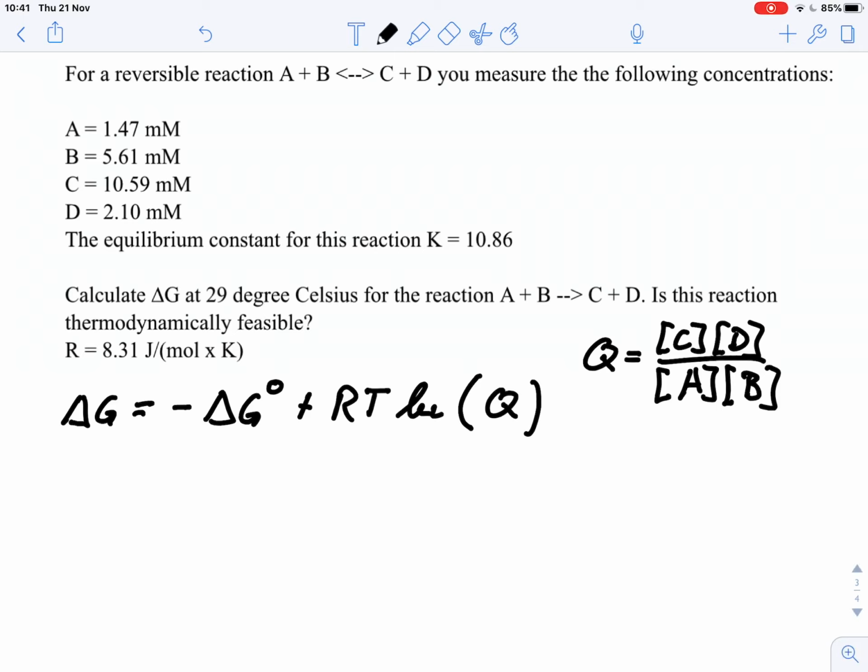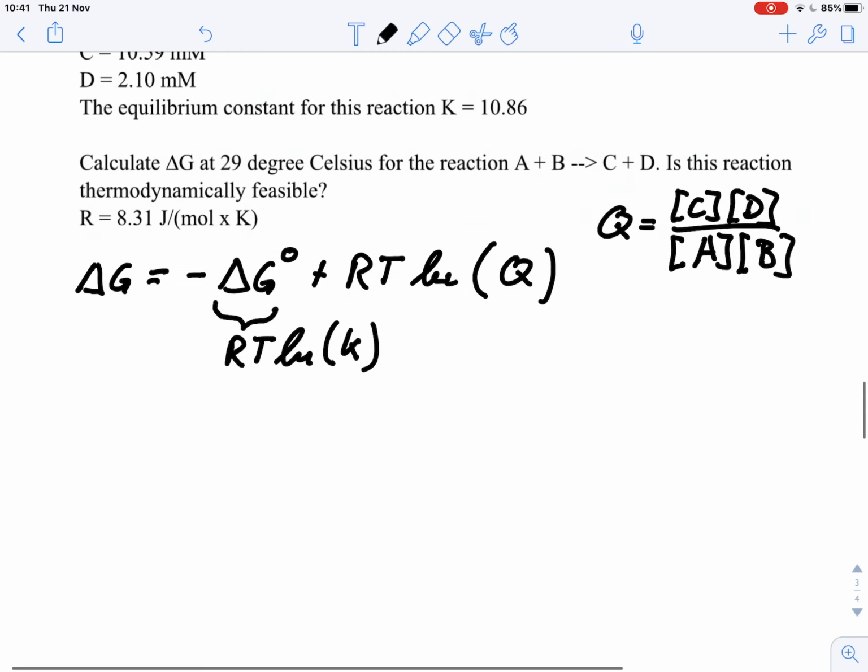And of course we can simplify this equation a little bit, because we know that delta G standard is nothing else but minus RT natural logarithm of our equilibrium constant.